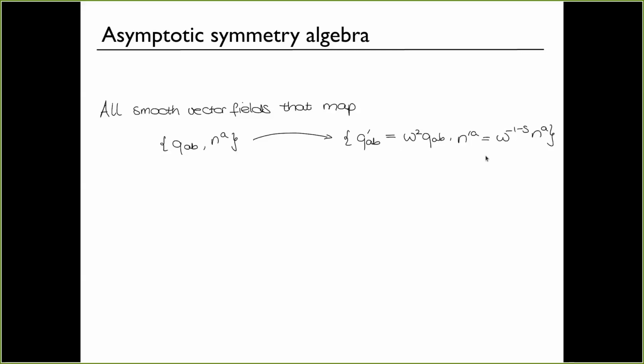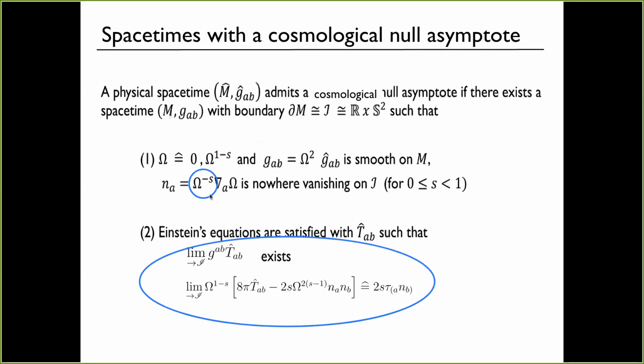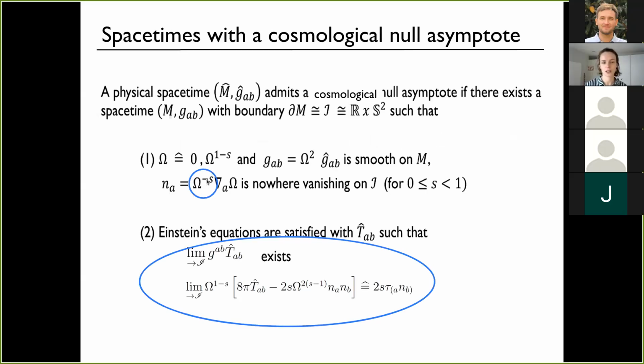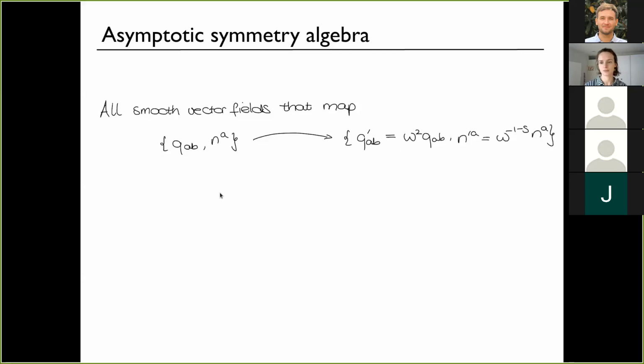That's of course the same, but here the N's are related not with omega to the power minus 1, but with omega to the power minus 1 minus s, which comes from the fact that the definition of the normal has this minus s in it. And then we can ask again: what is the asymptotic symmetry algebra? In other words, what are all the vector fields that map me from one Q and N to another member in this family?